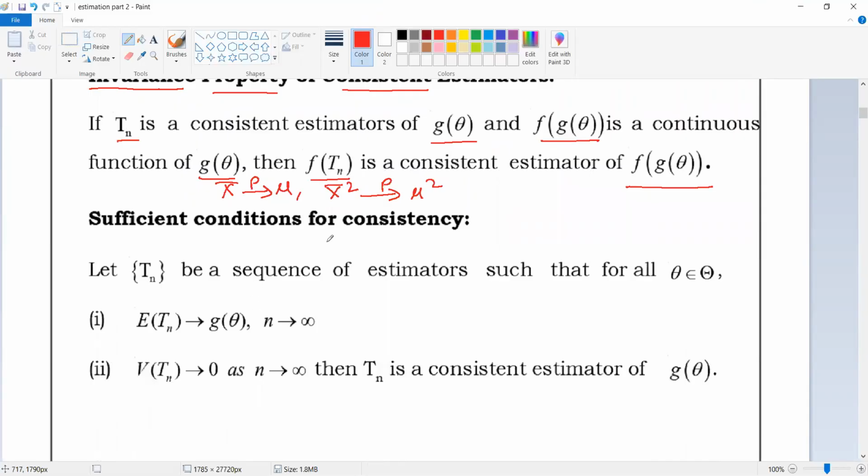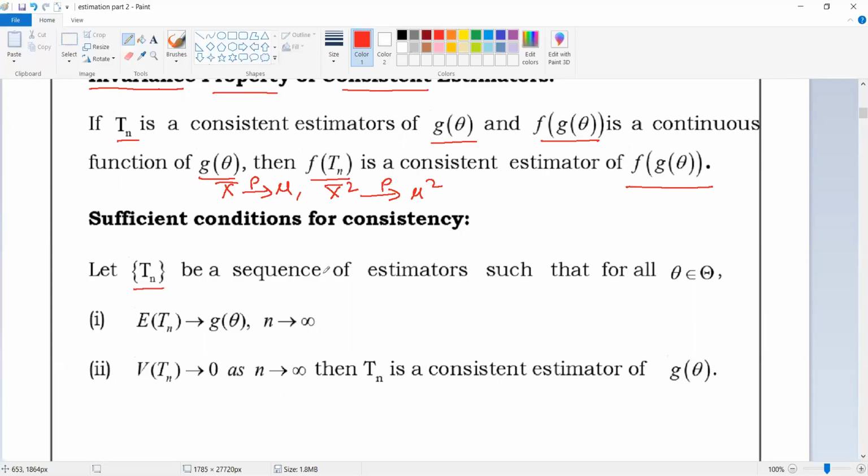Sufficient conditions for consistency: another alternative way to identify the consistent estimators of unknown population parameters, unknown population characteristics. This is a very, very important concept. Easily we can identify the function of sample observations and give the consistent estimate of the unknown population parameter theta.